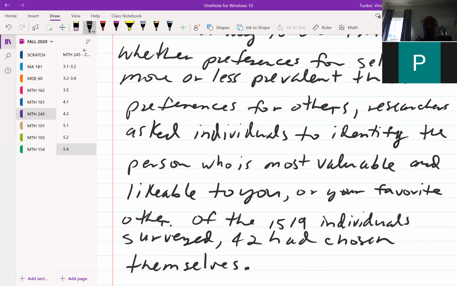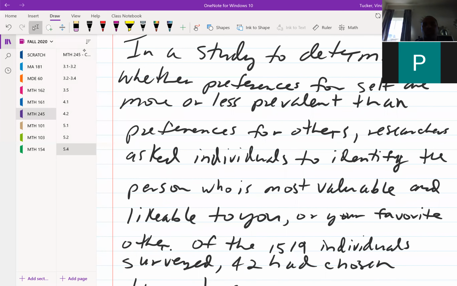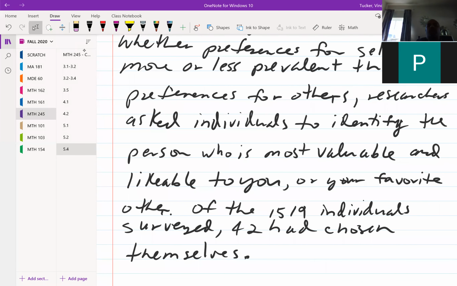All right, so the first part of this: in the study to determine whether preferences for self are more or less prevalent than preferences for others, researchers ask individuals to identify the person who is most valuable and likable to you, or your favorite other. Of 1,519 individuals surveyed, 42 had chosen themselves.